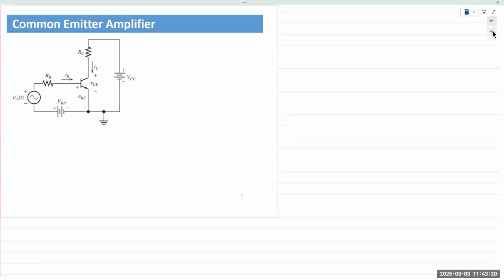I think the best way to do this is to either write out the instructions, or have you watch the video from one of the previous lectures so that you can do the pre-lab and the design before lab class on Wednesday. For the students who have lab class on Thursday, it doesn't matter. But the students who have lab class on Wednesday, you need to know how to do the design of the CE amplifier.